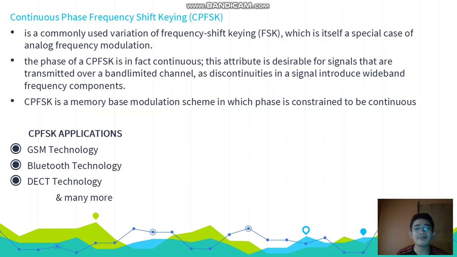CPFSK is a memory-based modulation scheme in which phase is constrained to be continuous. CPFSK applications: GSM technology, Bluetooth technology, DECT technology, and many more, including satellite and wireless communication. It is continuous all over time.